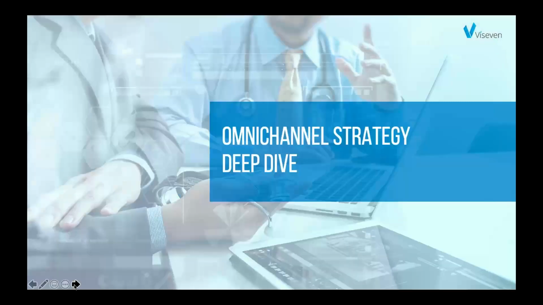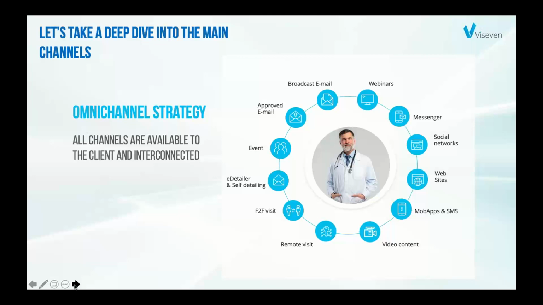A little bit more about the omnichannel strategy. What does omnichannel give us? It's the ability to connect in one system all the channels that we currently have. It gives us a single point of orchestration.